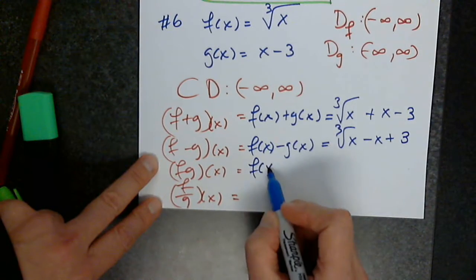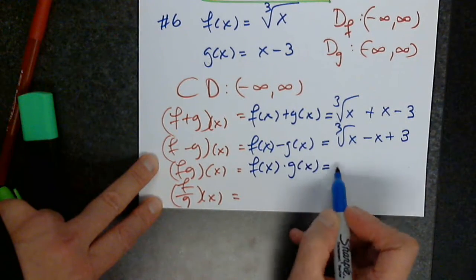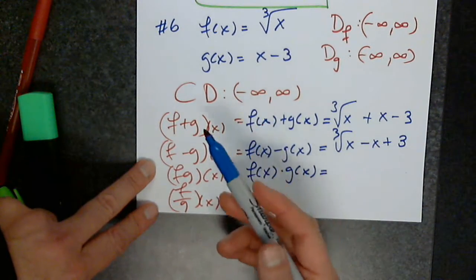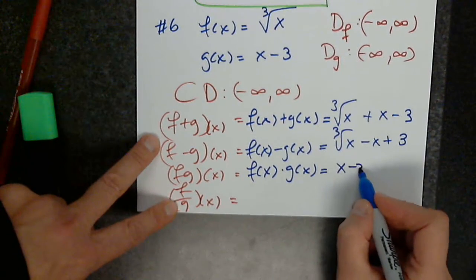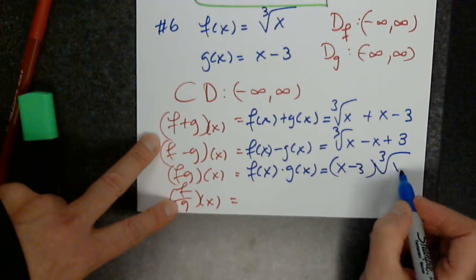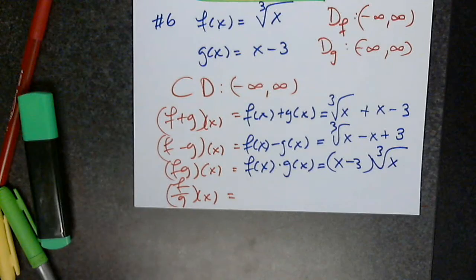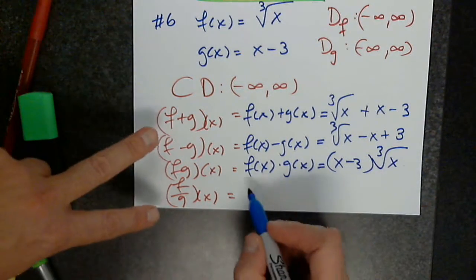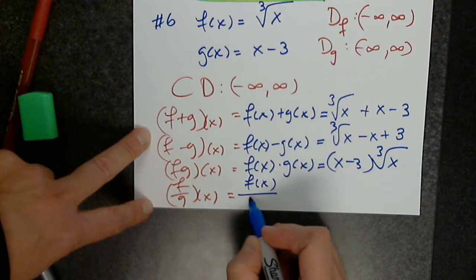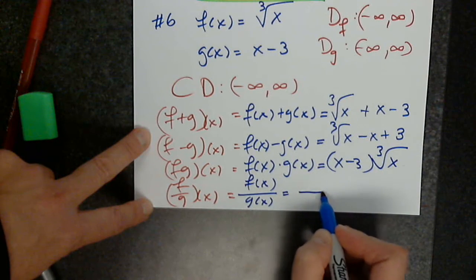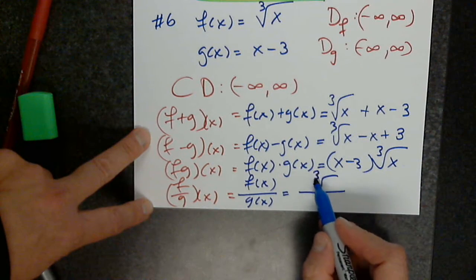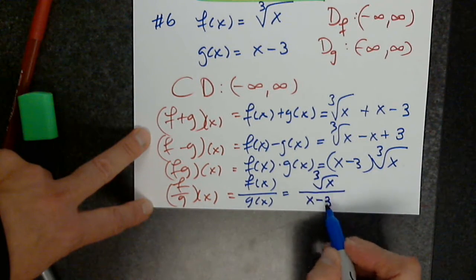Then I have f of x times g of x. And I have this, the cube root of x times x minus 3, but we have to put x minus 3 first and then the cube root of x, which is the same thing. And I know you're going to say f of x over g of x, and f of x is the cube root, and the denominator is x minus 3.